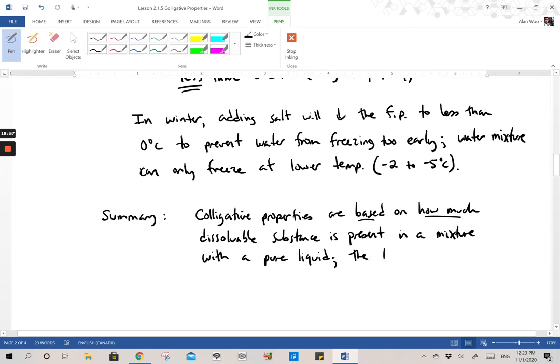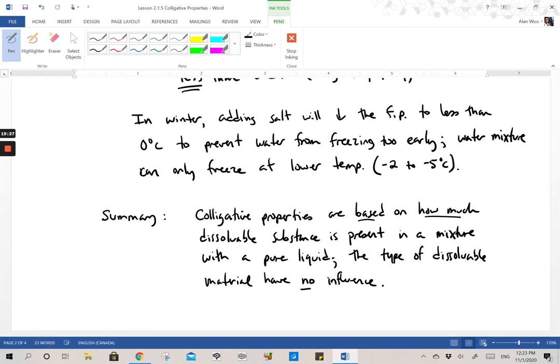The type of dissolvable material has no influence. So whether you use salt in water or sugar in water, anything that dissolves in a liquid will affect its colligative property.